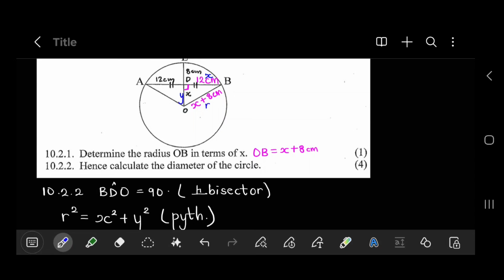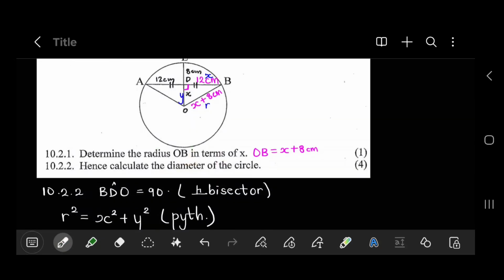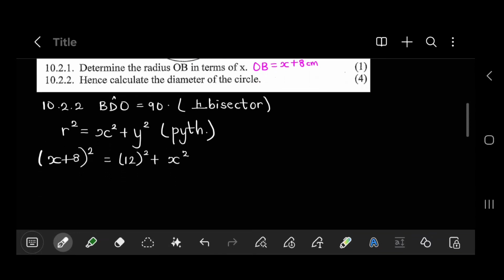Although if you interchange it, it's really not that big of a deal, but I prefer following a standard procedure. Now, substituting in here, radius is x plus 8 all squared. Then the horizontal distance was 12 all squared. Vertical distance was x, so that's going to be x squared.